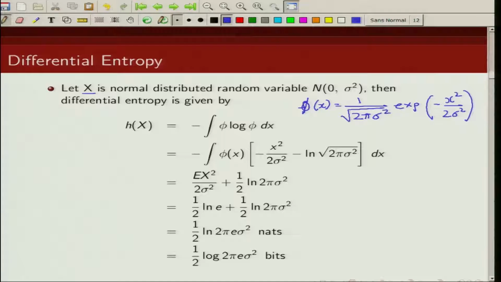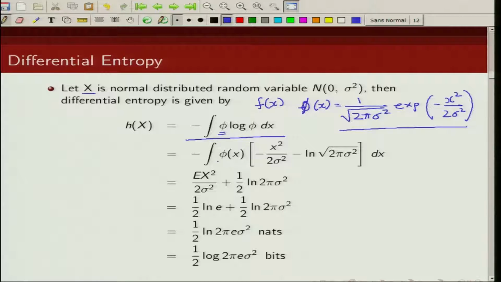So this is a zero mean, variance sigma square normally distributed random variable whose density function, I can use the term f of x, or I am using here phi of x, is given by this expression. So what is the differential entropy? Differential entropy is defined in this particular fashion.